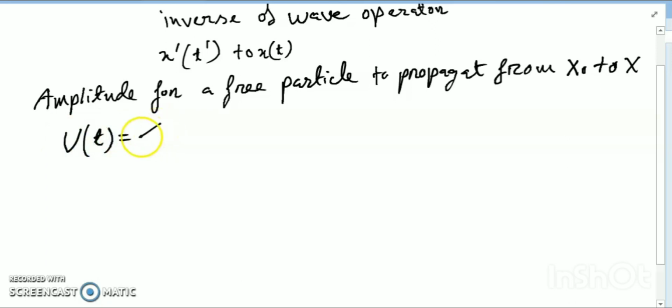U(t) is the amplitude, the matrix element of e to the power minus iHt between x and x0.